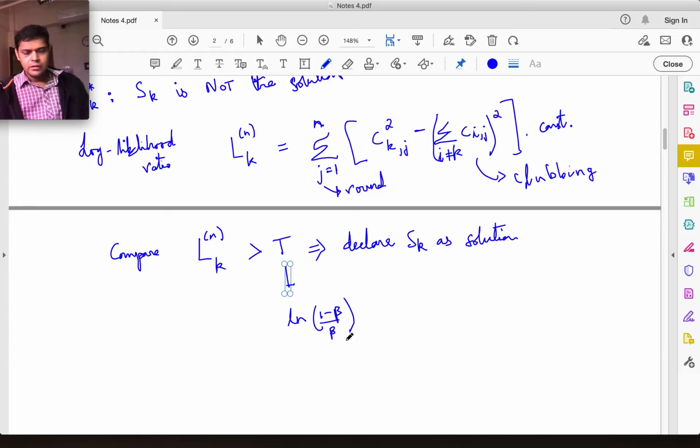Okay. So suppose the attacker submits a single solution, then you can clearly see that this boils down to the same as what we had earlier, the same likelihood ratio formula.